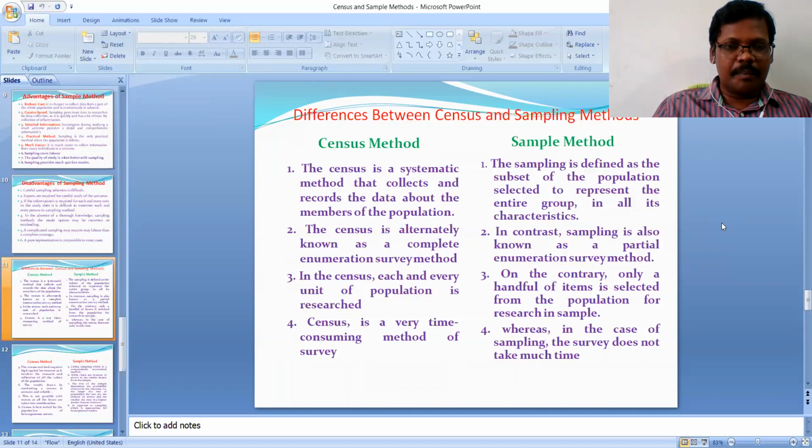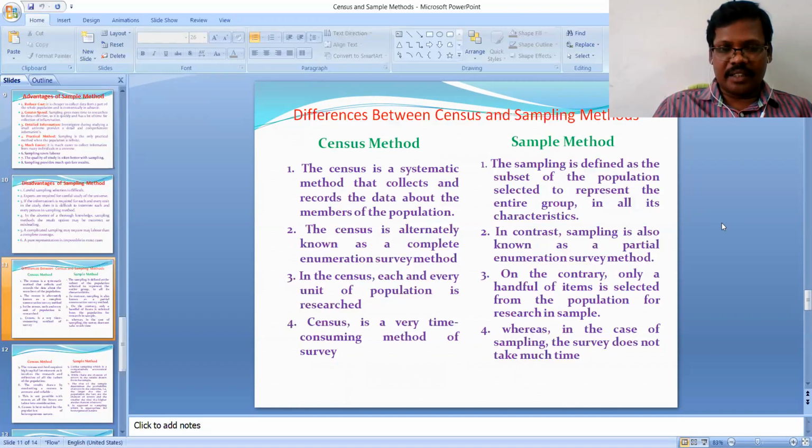In the census method, the census is alternatively known as the complete enumeration survey method. But in the sampling method, it is a contrast. Sampling is also known as the partial enumeration survey method.